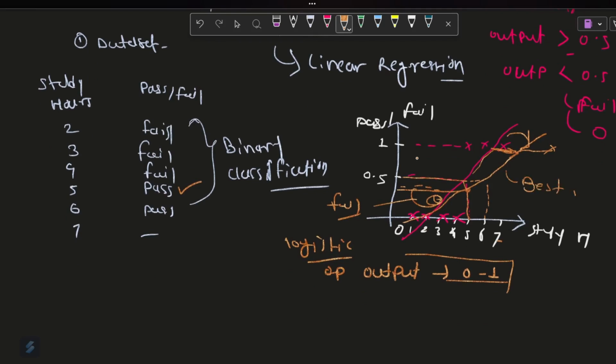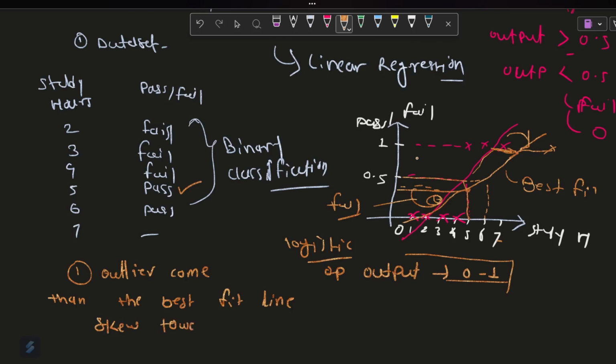As a summary of this class, we understood one concept, the outlier. When an outlier comes, the best fit line does not work well. The best fit line is skewed toward the outlier.